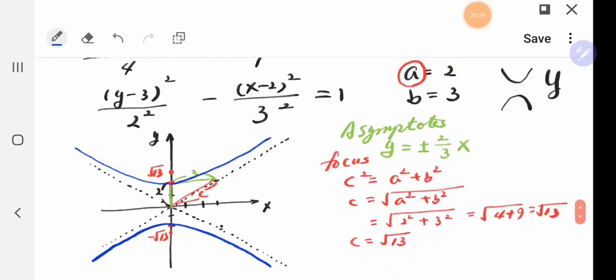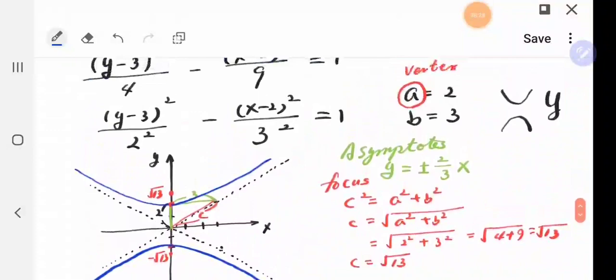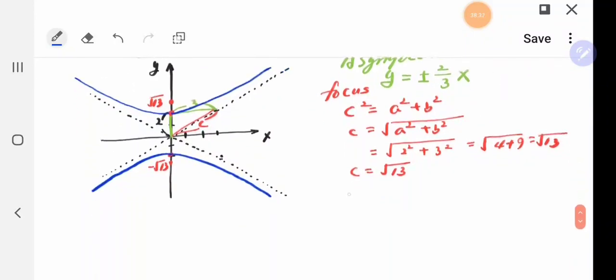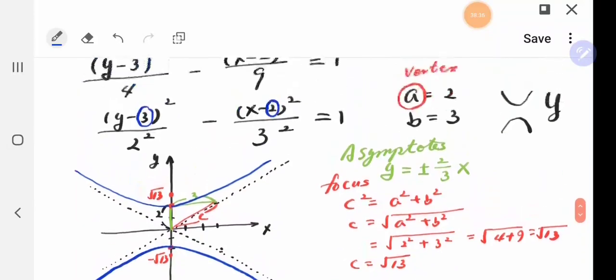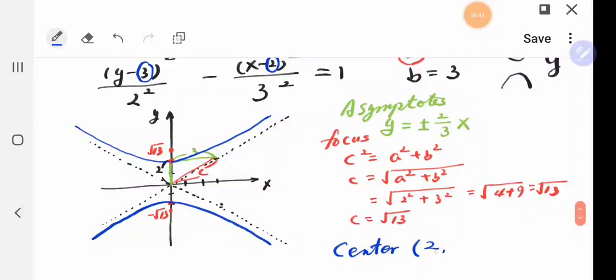We didn't consider the transformation. So why don't we? Actually, the transformation is 3 and 2. We actually move 3 units to the right and 2 units up. So the vertex, the center should be x equals 2, y is 3.